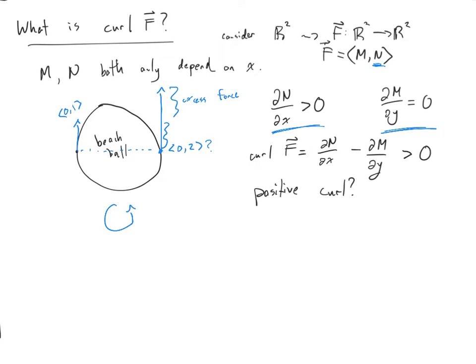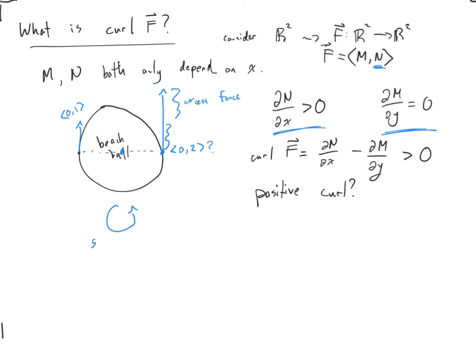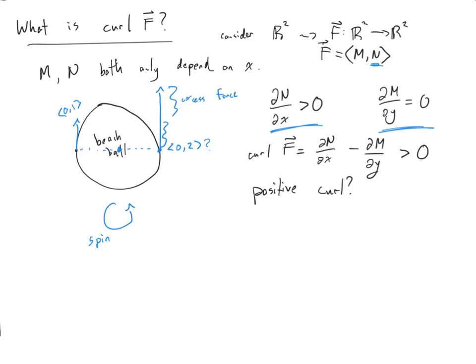is going to make the ball spin. So as you drop this ball in the water, it will start spinning. Maybe it'll move, but if you hold it fixed at this center point, it's going to spin counterclockwise.